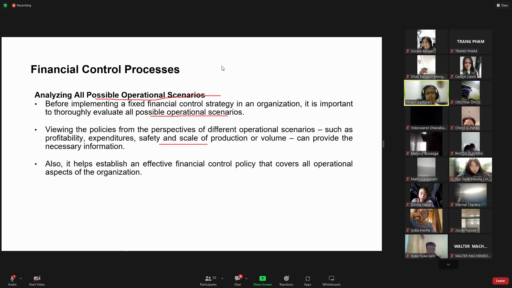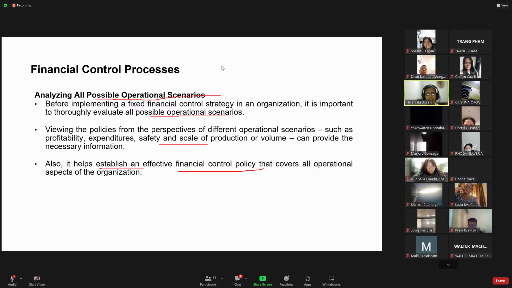Apart from that, you also need to establish an effective financial control policy that will cover all the operational aspects of the organization. Whatever policy you implement must address the operational aspects of the organization as well.